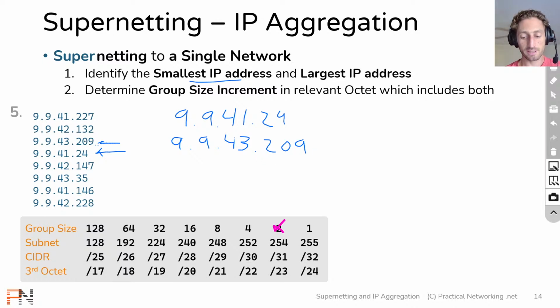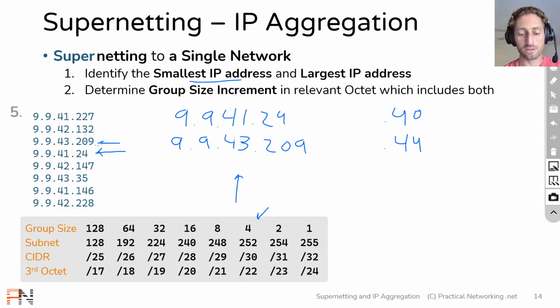Therefore, this is actually going to be too small, which means the next increment I'm going to look for is a jump of 4. If you use the Subnetting Mastery speed tips, we know that if we're doing an increment of 4, one of the speed tips just has you multiply the increment by 10. That gets you right to .40. And if I add 4 to 40, that gives me 44.